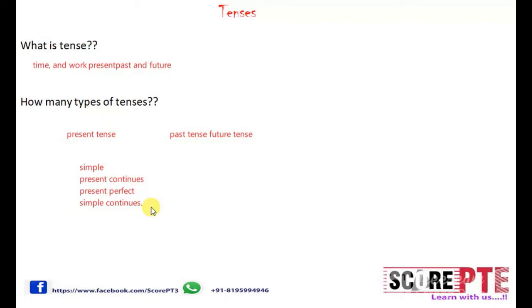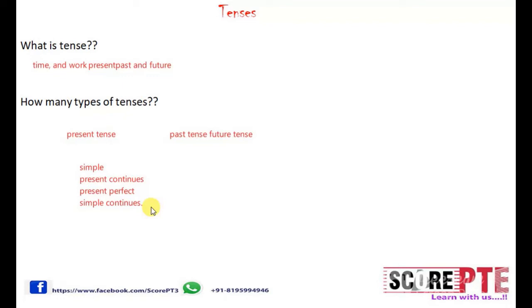And present perfect tense is "I am in Australia". Okay, it's present perfect tense. And the last one, perfect continuous, we eliminate it because we don't use it in our reading section. Okay, it's minor use.